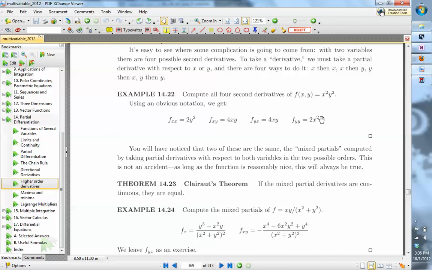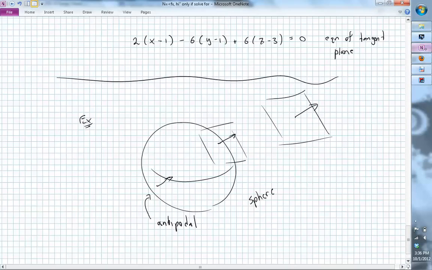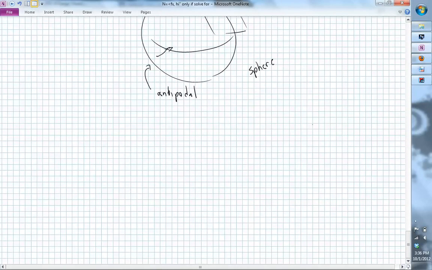So I guess my question is, do the mixed partials have to be partials of the same variables in order to be equal? Give me an example. If you have f of xz, is that the same as f of xy? No. Okay, all right. Right, so that's generally not the case.